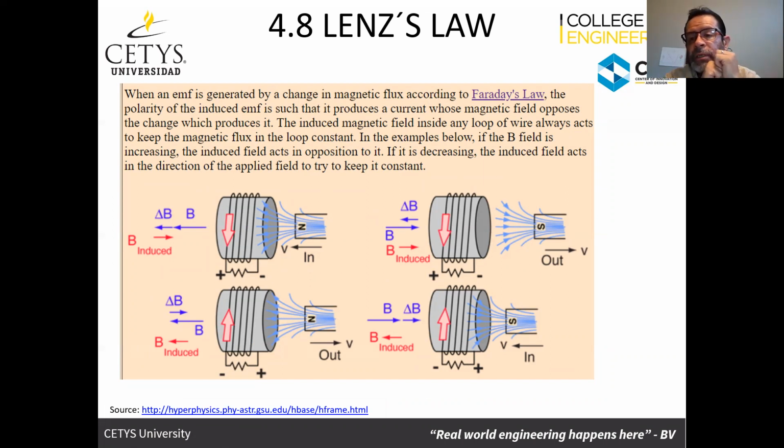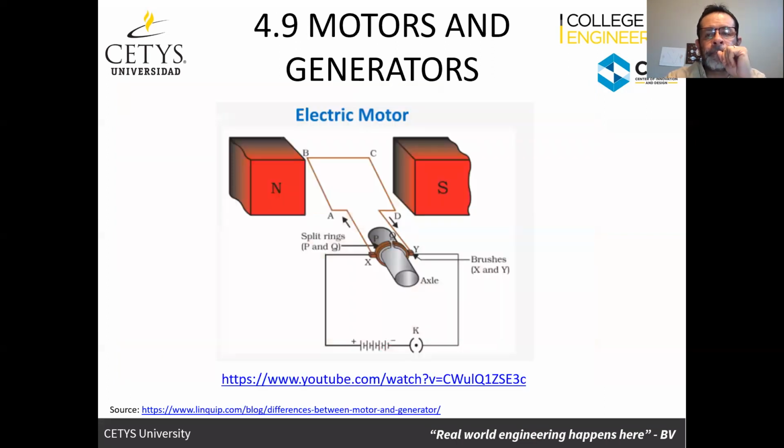Okay, so Faraday's law and Lenz's law are very important because they set up many applications in electromagnetism. We just talked about one of them, which is the pickups in a guitar and a speaker and a microphone. All of these are applications of this phenomenon described by Faraday's law and Lenz's law. But one of the most important applications that we've got are motors and generators.